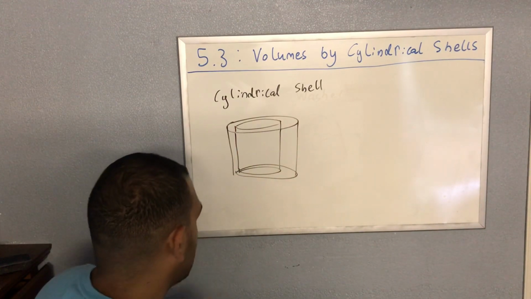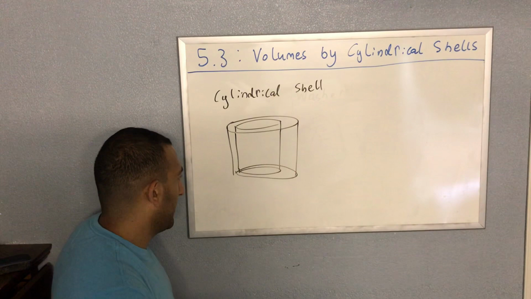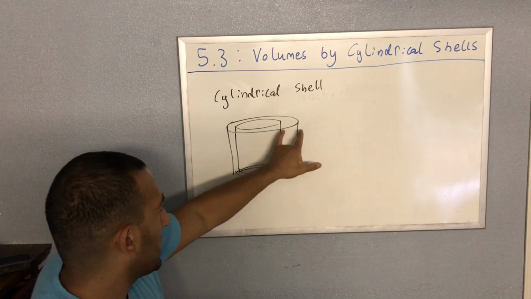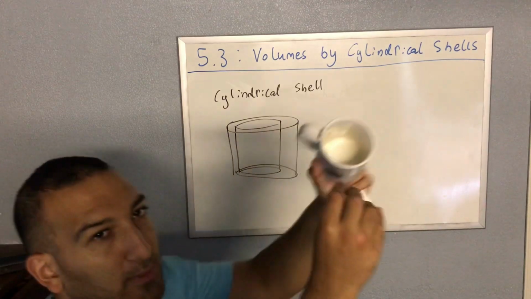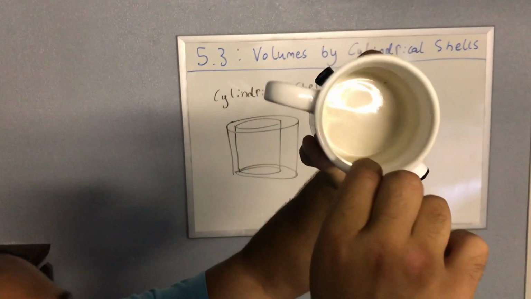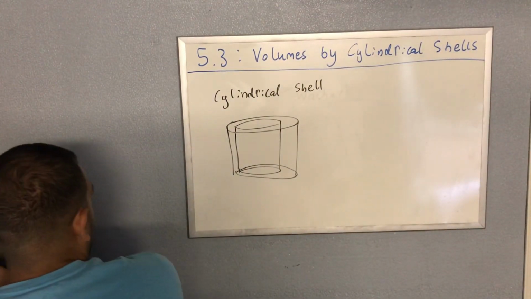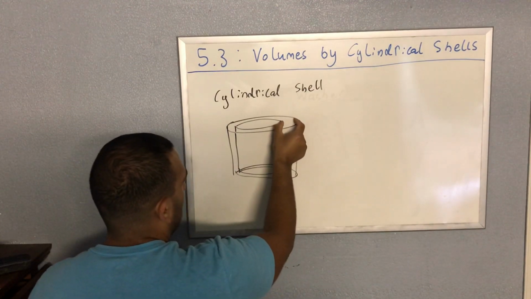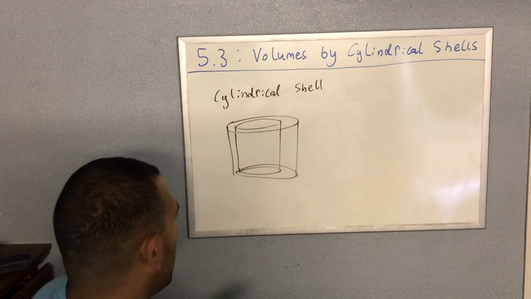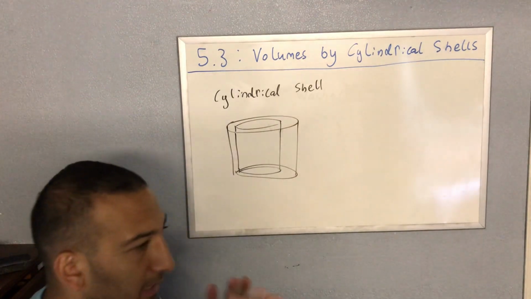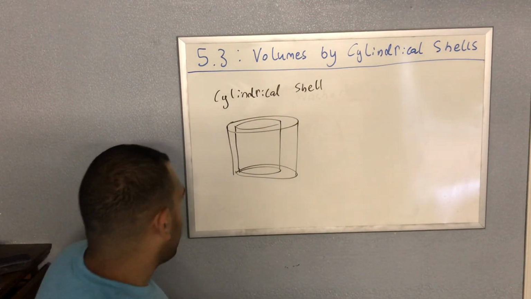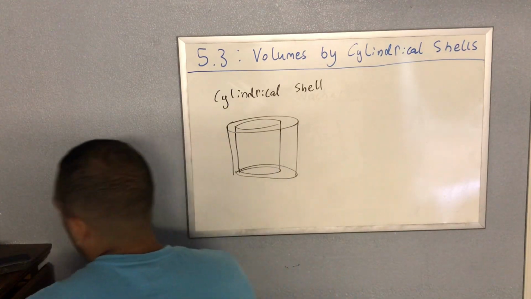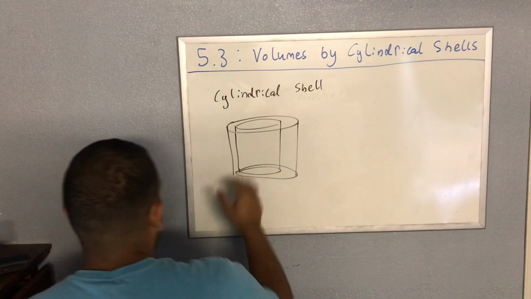So we're looking at the cylindrical shell. Now, in terms of the cup, this was that really small thick part here. This is drawn larger as an exaggeration. But the outside part of the cylinder has a little bit of volume, and that's what we mean by the cylindrical shell. Now, we want to approximate the volume of this guy.